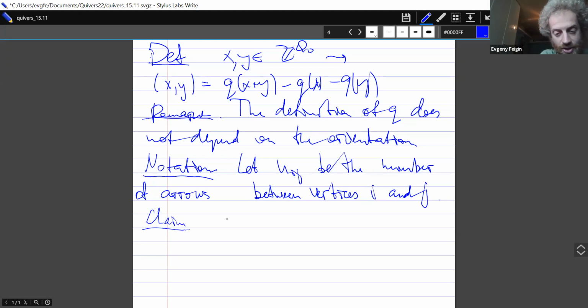The first computation: what is q of x? It's not even a computation, just a rephrasing of the definition.